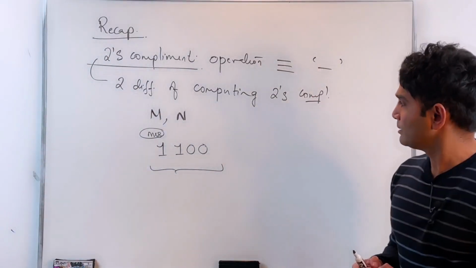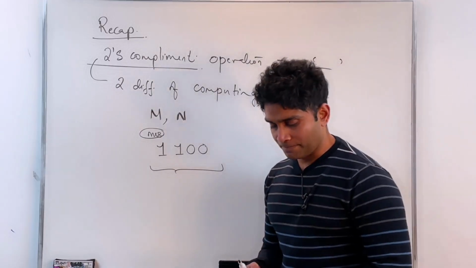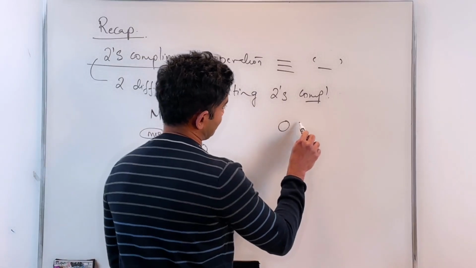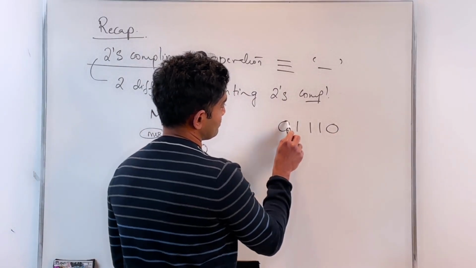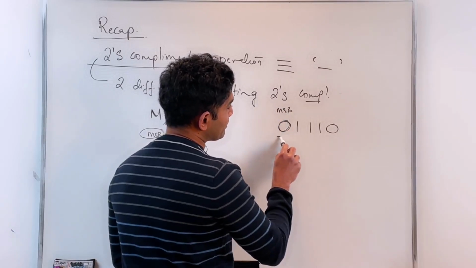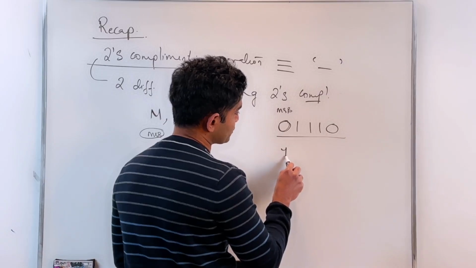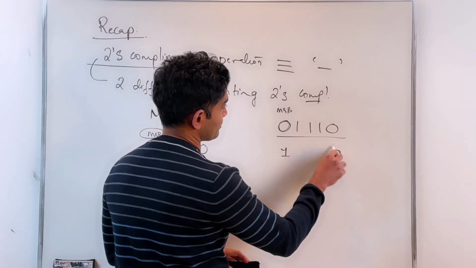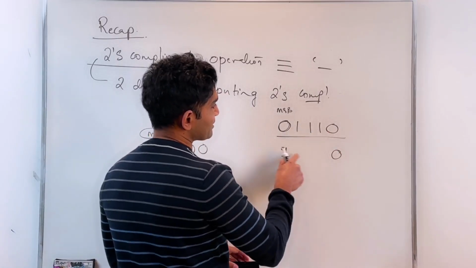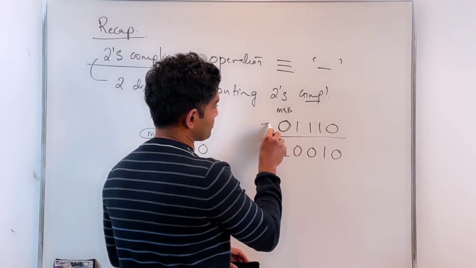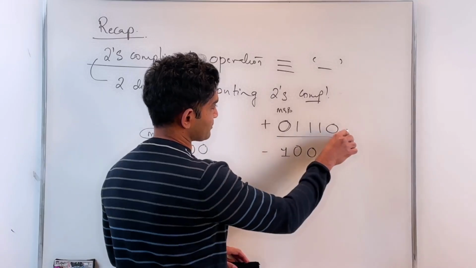If I take some positive number, where the most significant bit is indicative of the sign, taking the 2's complement of this number would make it negative, right? So 0 becomes 1 automatically. So the 2's complement of this number will be 0, 1, 0, 0, 1. So that's the positive version, and that's the negative version of the same number.